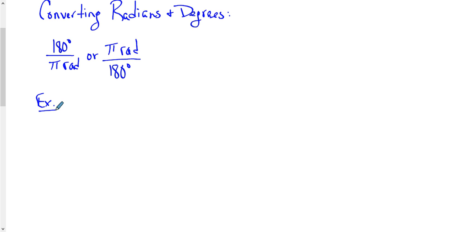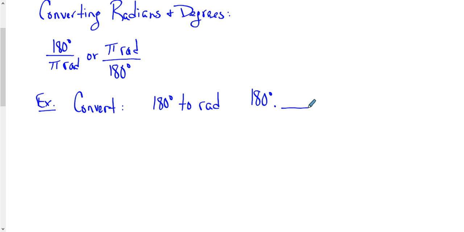So here's an example, right? I want you to convert 180 degrees to, we already know what it is, radians, okay? Well, let's take our 180 degrees, and we're going to multiply it by one of those ratios.